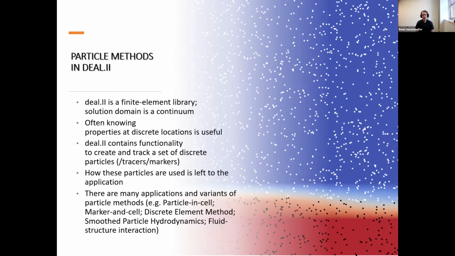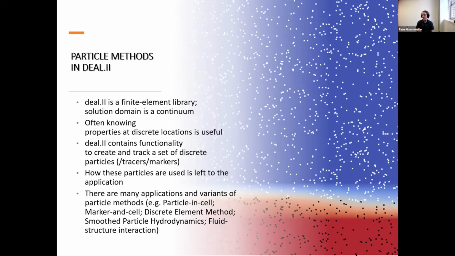But for many applications, it's actually also useful to know the properties of the solution at discrete locations and maybe track these discrete locations over time. To allow that, deal.II contains functionality to create and track a set of discrete particles, or tracers or markers, or however it's called in your field of study.